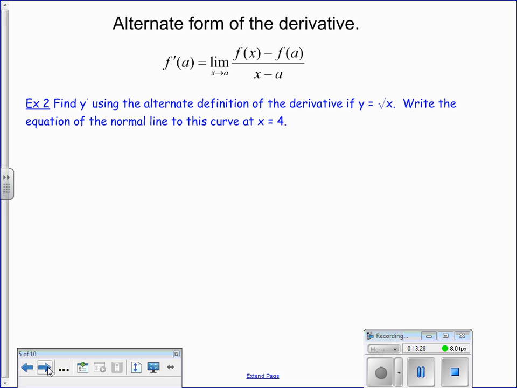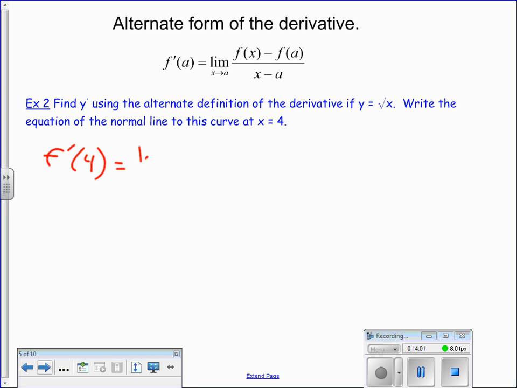So, I want to find the derivative because I want the equation of the normal line to this curve at x equals 4. How do I find the equation of the normal line? I need the slope of the tangent line, and it's the opposite reciprocal of that, because they're perpendicular. So I need to find f prime of 4.